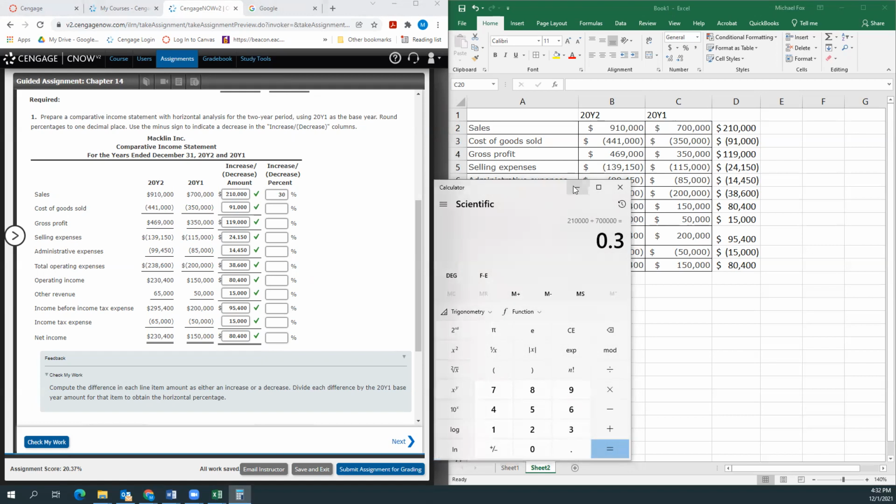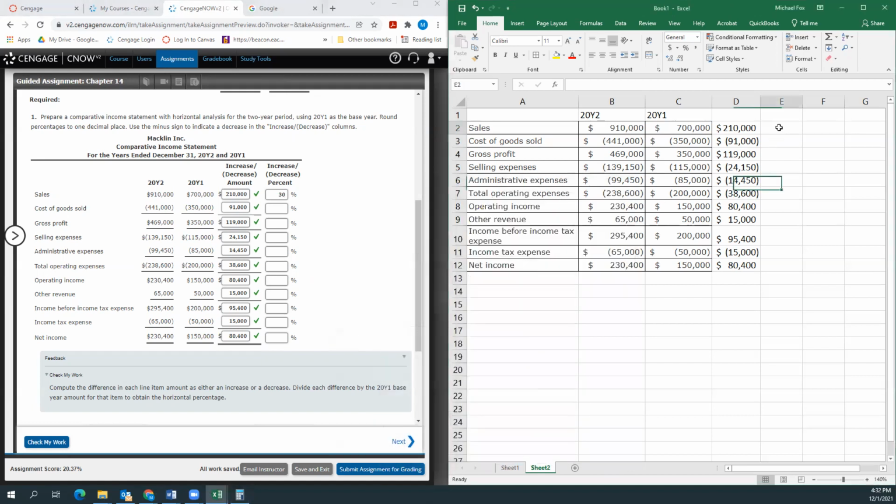We could do that with the calculator for each one, or we could use Excel and just say this number divided by this number. And then we could use our little fill tool and carry that all the way down. And then tell Excel we want a percent. It wants us to round percentages to 1 decimal place.